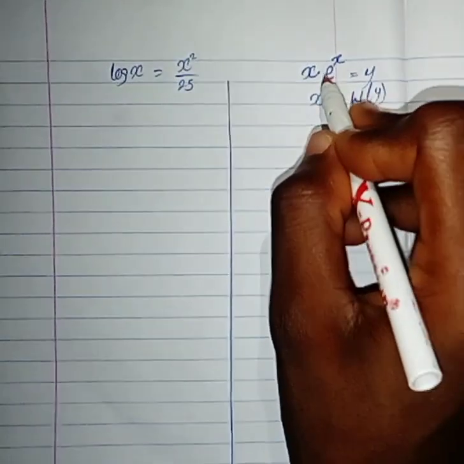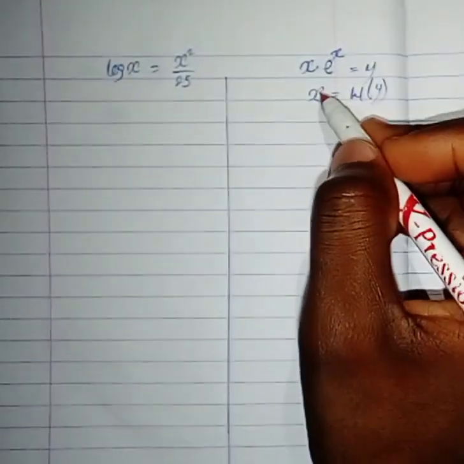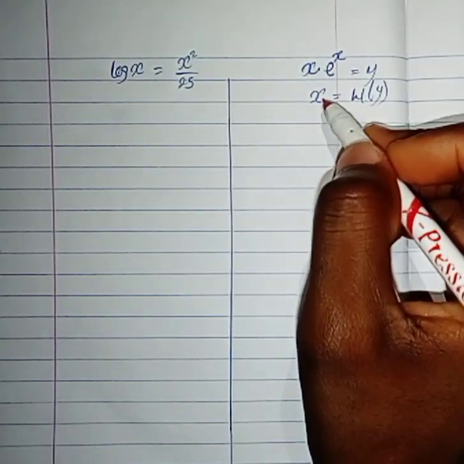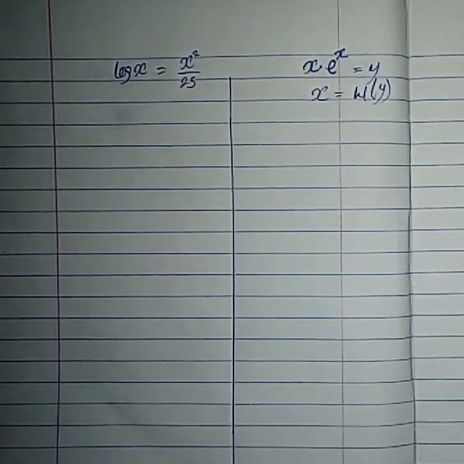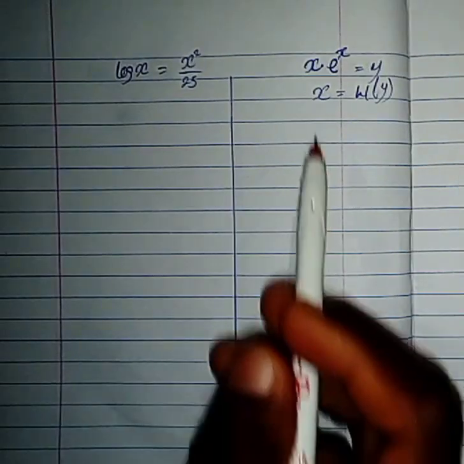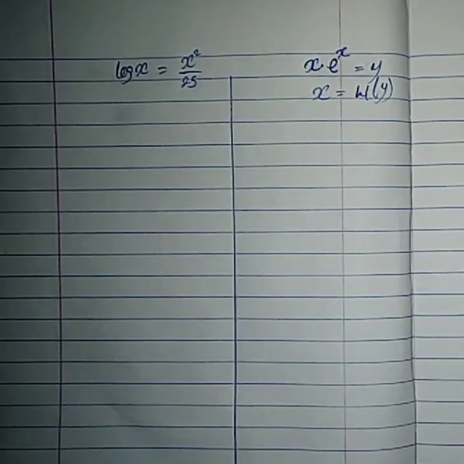Note, e here is Euler's constant, the e that normally goes with the natural logarithm.